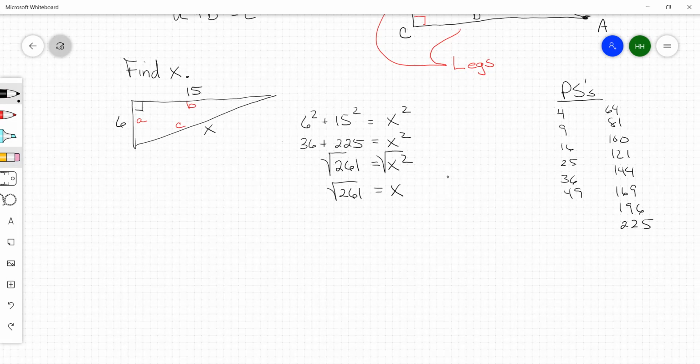All right? So some of you will be better at this than others. The 261, let's go 261 divided by 4. Doesn't go. 261 divided by 9. All right, 9 goes 29 times.